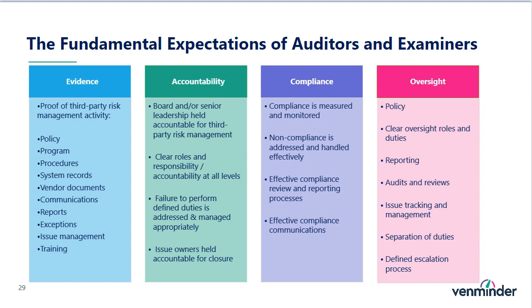Let's move to accountability. This is a biggie. If there's a systemic issue with the framework, your auditor or examiner is going to find out who's supposed to be accountable, even if that goes all the way to the top. So when we think about accountability, another aspect of it is to make sure that if something goes wrong, people are held accountable and there's actions taken, right?